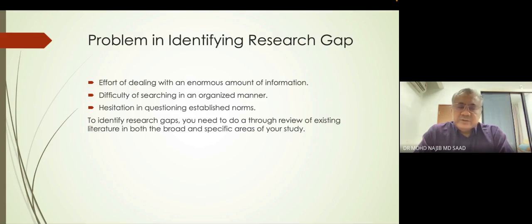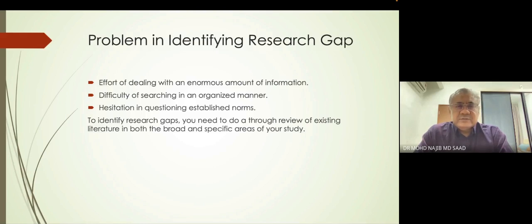Another important thing that we need to address is that most researchers or students out there hesitate in questioning established norms. They are reluctant to critique or comment on the established findings or information that has been gathered or identified earlier.